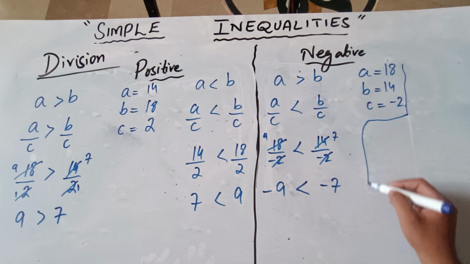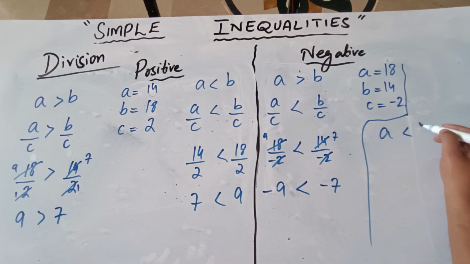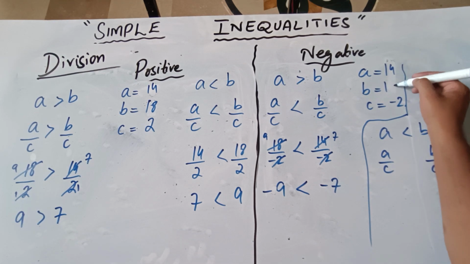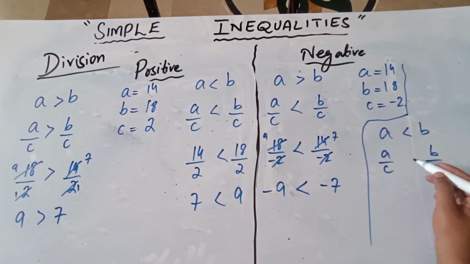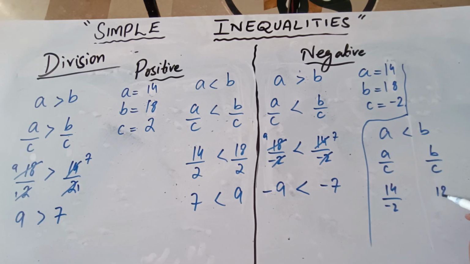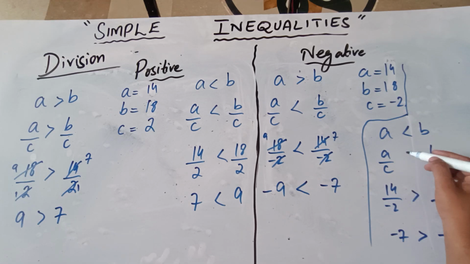If a is lesser than b and if we are dividing both parts by a negative number, let's shuffle the values. So 14 divided by negative 2, 18 divided by negative 2, negative 7, negative 9. So if it was lesser than, it would become greater than. Now you can see negative 7 is actually greater than negative 9.